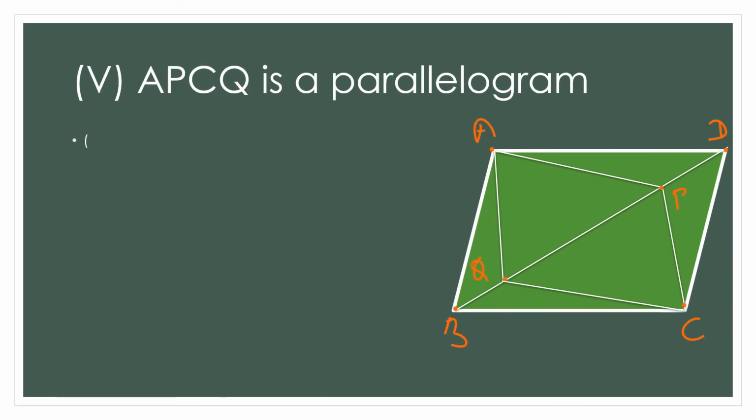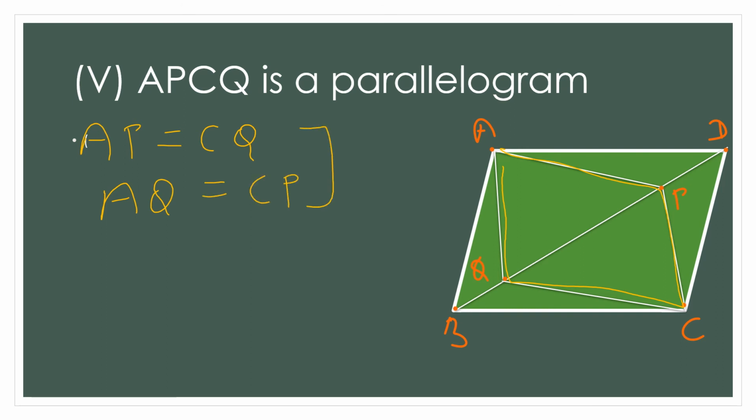In the last part of the question, we have to show APCQ is a parallelogram. In the second part, we have already shown AP is equal to CQ, and just before that we have shown AQ is equal to CP.